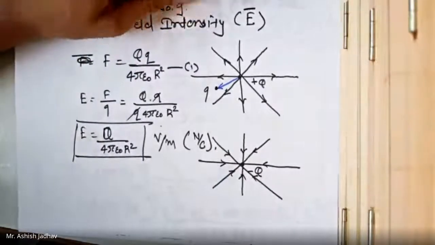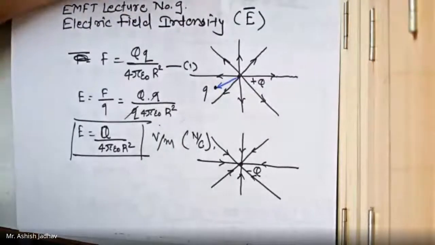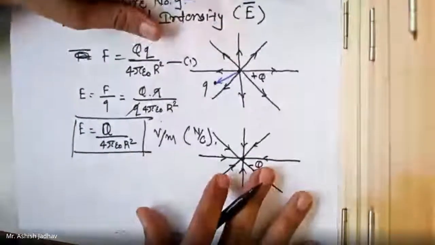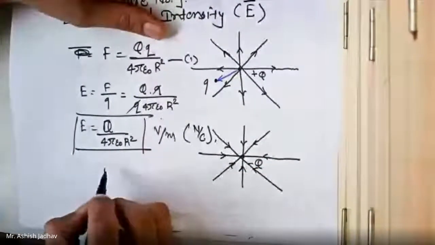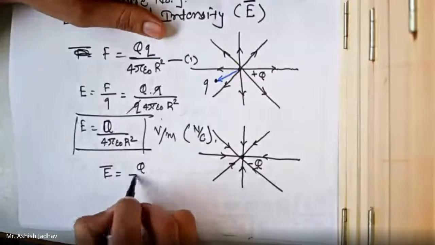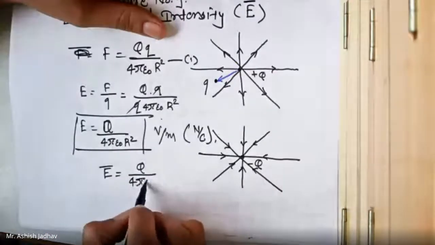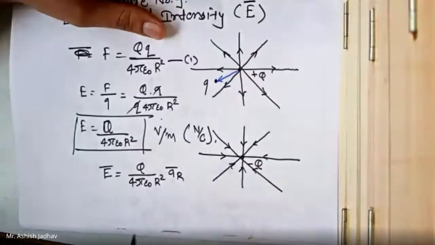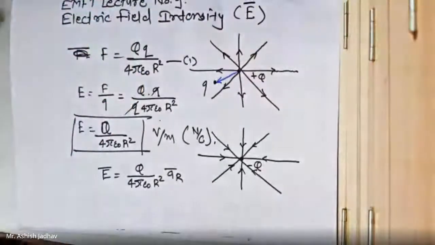Since electric field intensity is a vector term, you can write E bar is equal to Q upon 4 pi epsilon naught r square a bar r, right? So this is the electric field intensity in vector form.